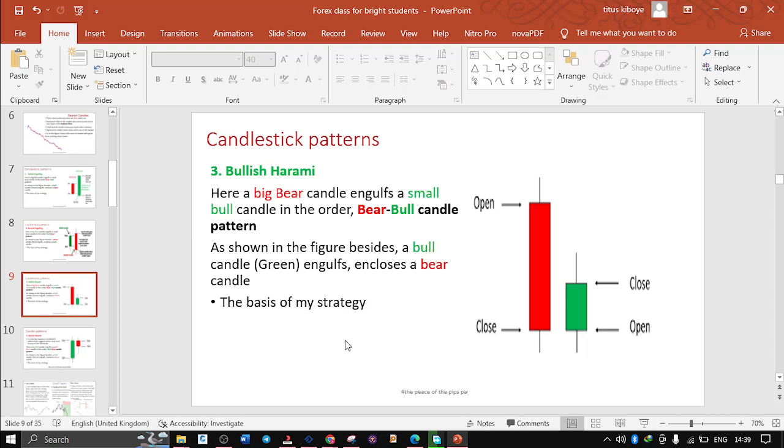It gets its naming, bullish harami, based on the candle in front. A bearish candle is engulfing a bullish candle. It's called bullish harami. And you see the open and the close are very well designated.